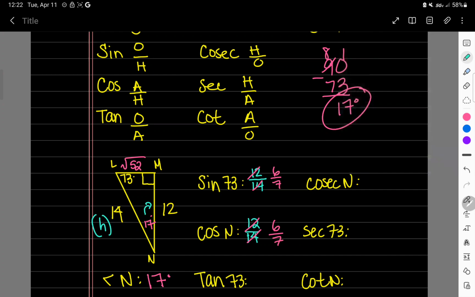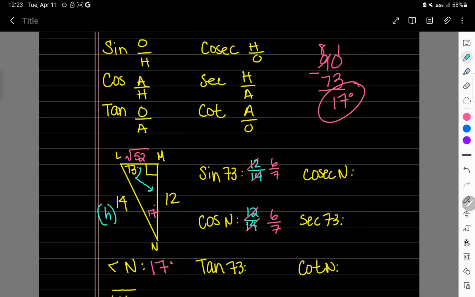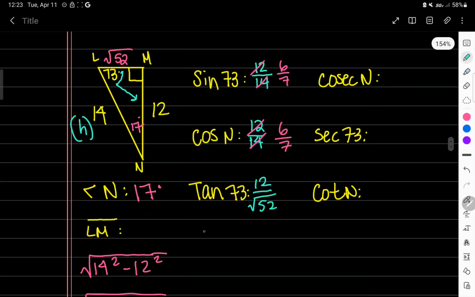Tangent of 73. Tangent is opposite over adjacent. So opposite over adjacent. So 12 over the square root of 52. So remember that this is what we did in the last section. If we have a radical at the bottom, we have to bring it up.